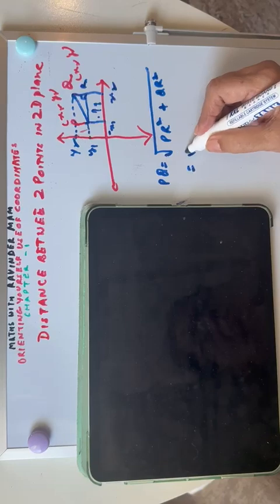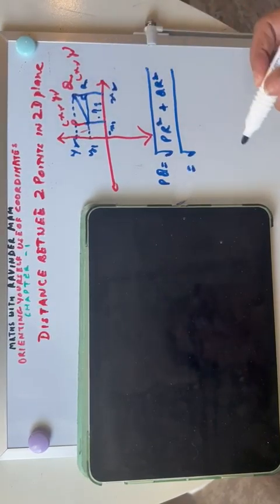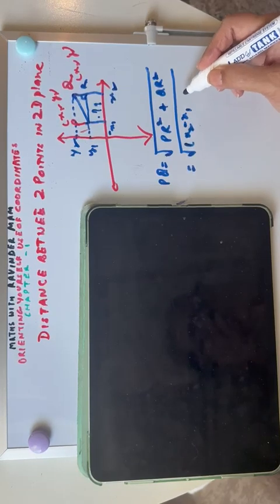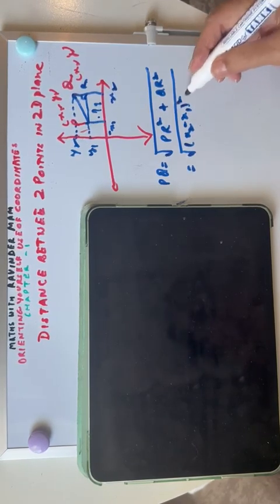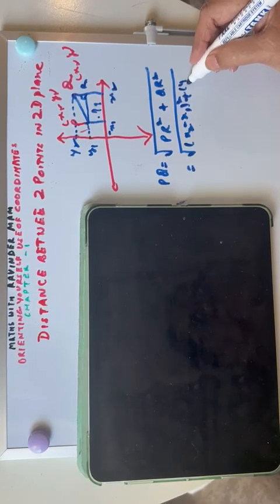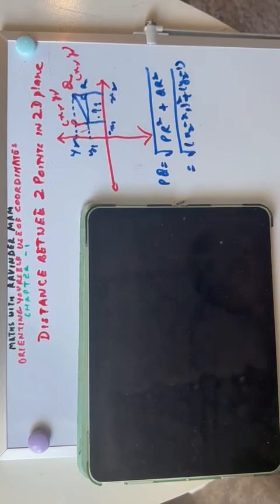This is equal to, PR is x2 minus x1 square, plus y2 minus y1 square.